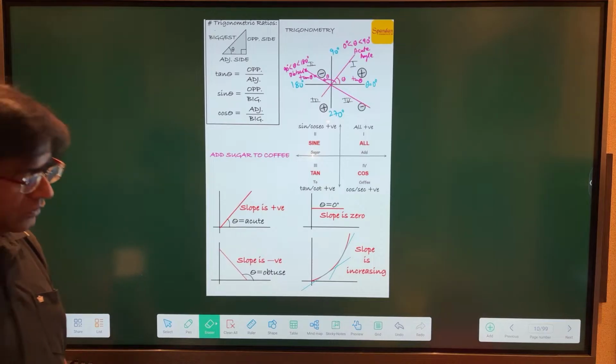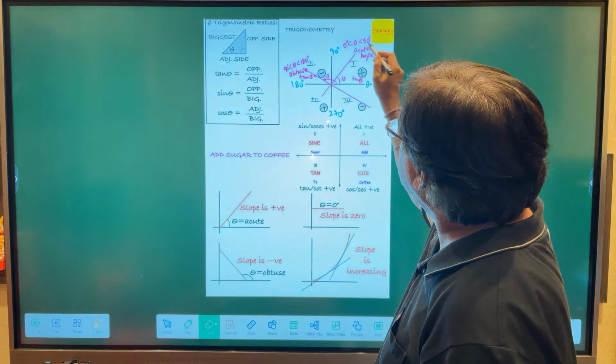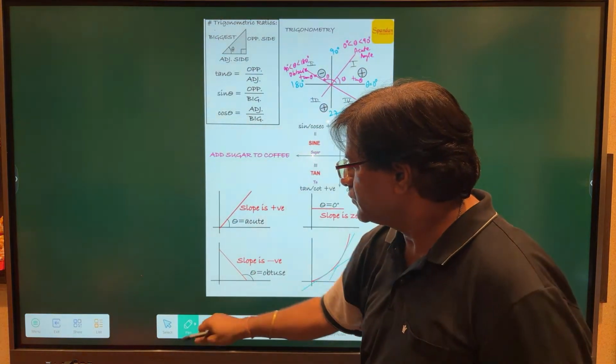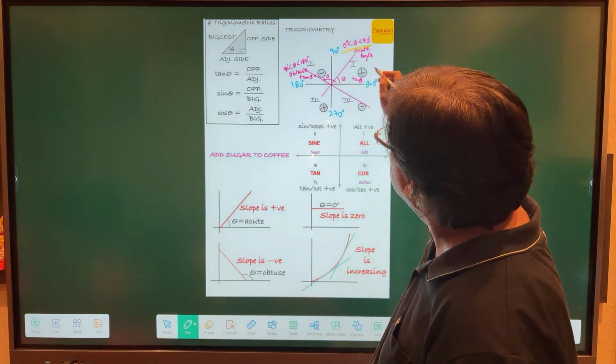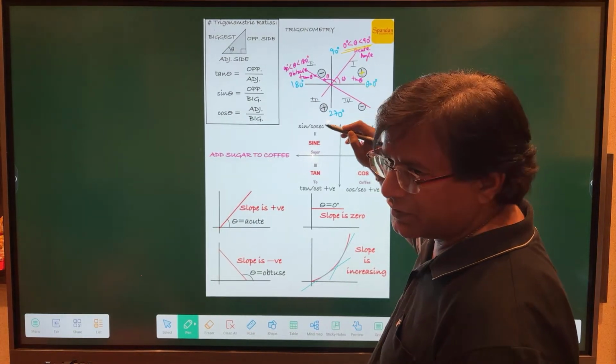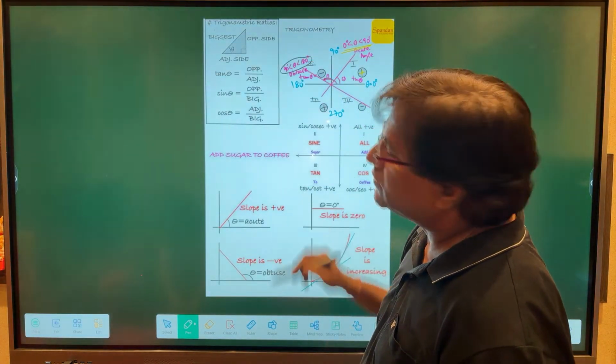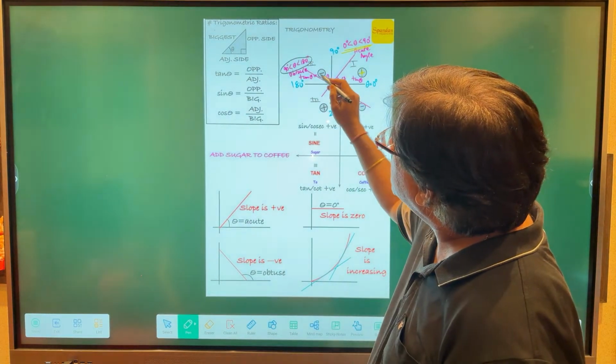Now we will see that in the first quadrant, if theta is an acute angle, that is between 0 and 90, then tan theta will be positive. If theta is an obtuse angle, between 90 and 180, then tan theta will be negative.